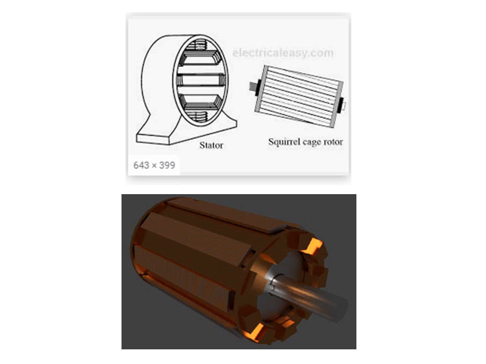In those slots, bars of conductors, either aluminium bars or copper conductors, are placed, and they are shorted or connected together at the ends by using end rings. So all the conductors are shorted together. This is called a squirrel cage because it looks like a cage of a squirrel. So it is called a squirrel cage rotor.